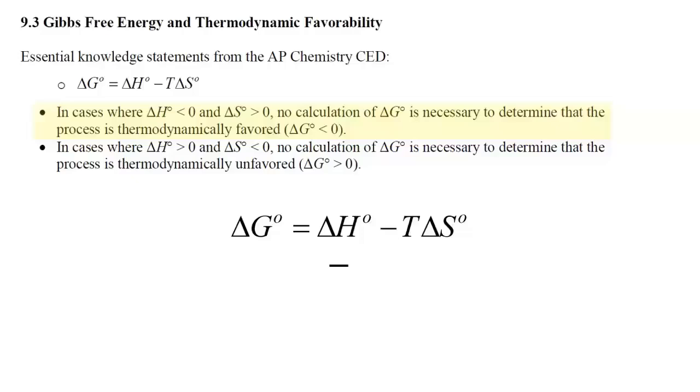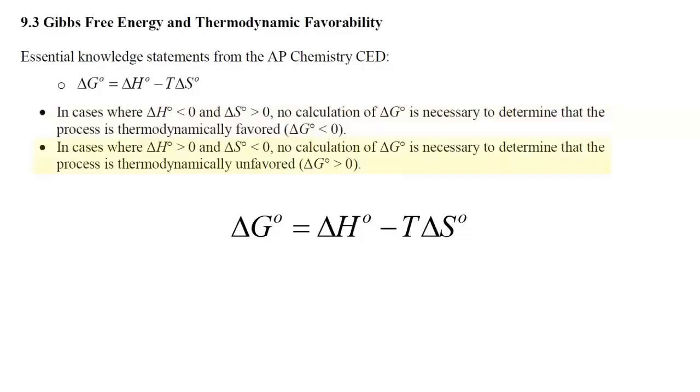And suppose that the sign of delta S is positive, so we have a process in which entropy is increasing. Under these conditions, the sign of delta G must be negative. So as it says here, highlighted on this slide, in cases where delta H is negative and delta S is positive, no calculation of delta G is necessary to determine that the sign of delta G is negative and the process is thermodynamically favored.